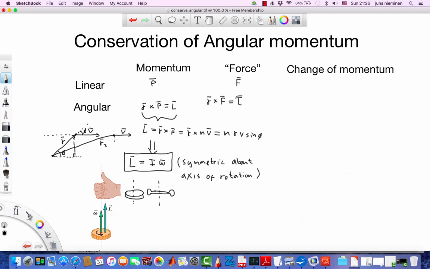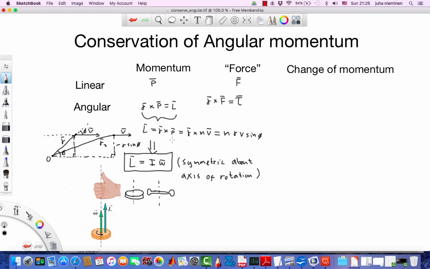And we notice that the perpendicular distance, which is r sine phi, stays constant no matter how far the particle is from the so-called pivot point O. Because mass is constant, r is not constant, but r times sine phi is constant, and v is constant.